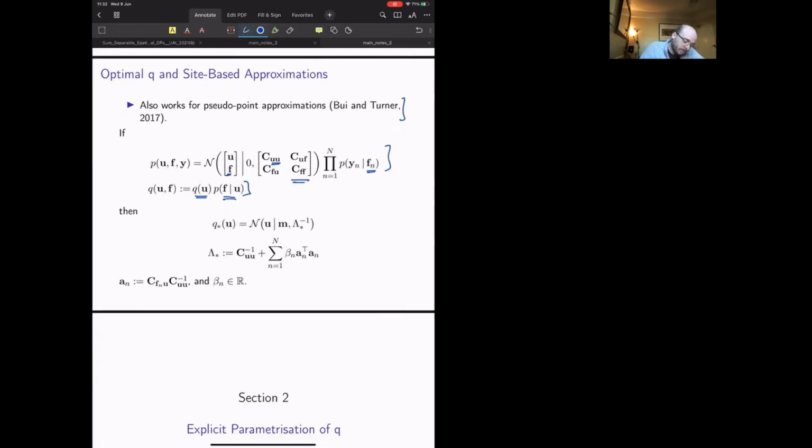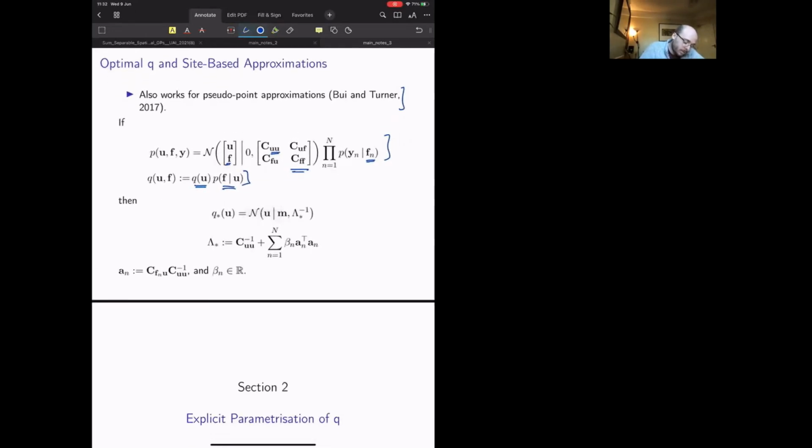Then, again, the optimal approximate posterior has some mean and some precision, and the precision is the sum of the prior precision and a bunch of rank-1 terms, each of which is a function of the nth likelihood.